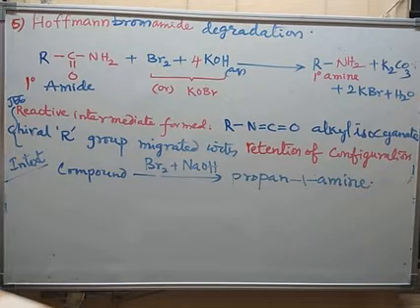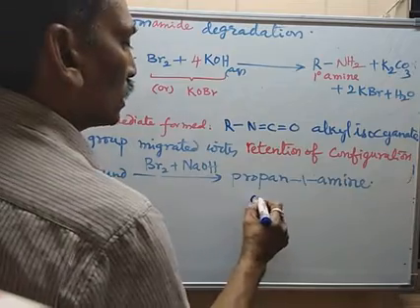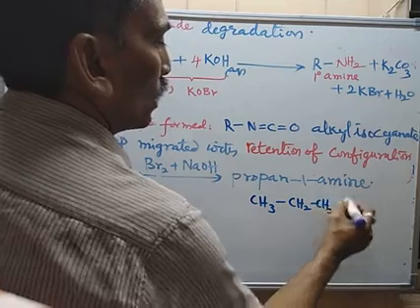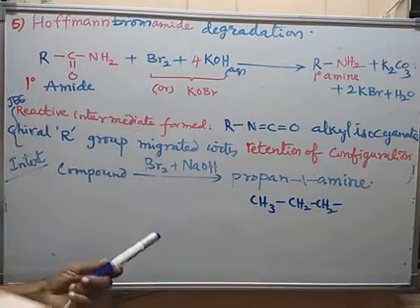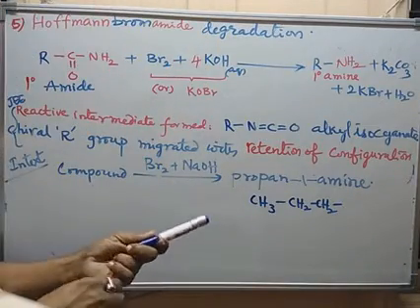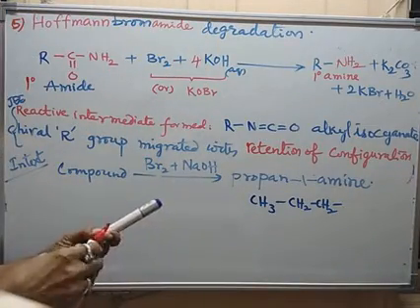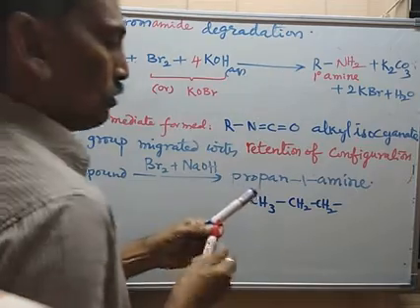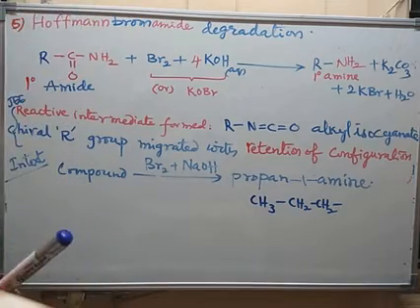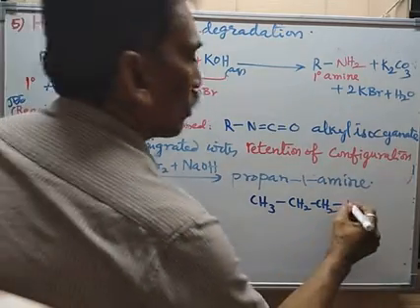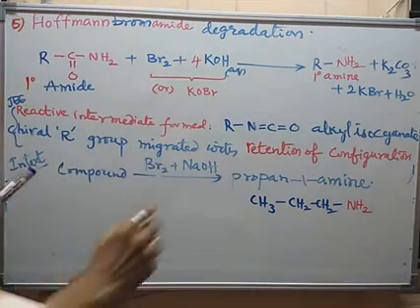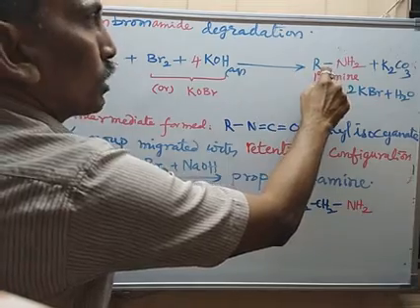How do we answer? First, write the structure of propane-1-amine, that is CH3CH2CH2NH2. Simple thing is, between the alkyl group carbon and NH2, what do you have to insert?